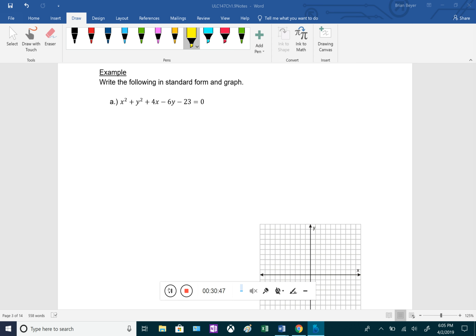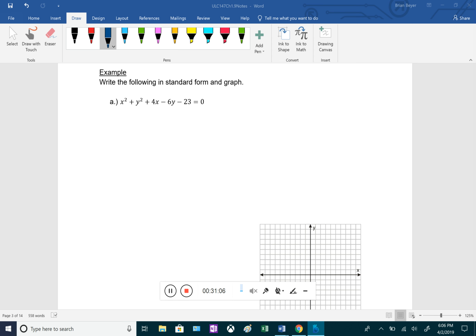So we have x squared plus y squared plus 4x minus 6y minus 23 equals 0. If we were just told to graph that, it would not be very easy. So we're going to complete the square in order to put it in standard form and graph it.